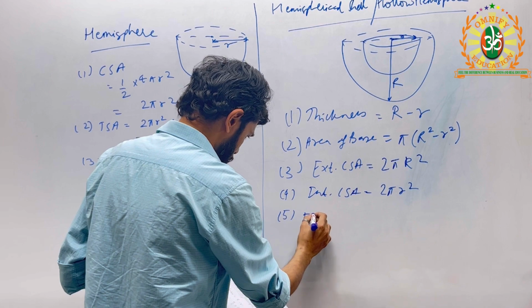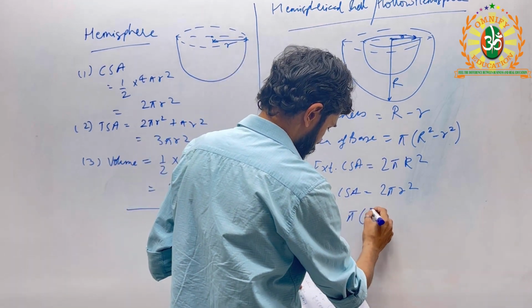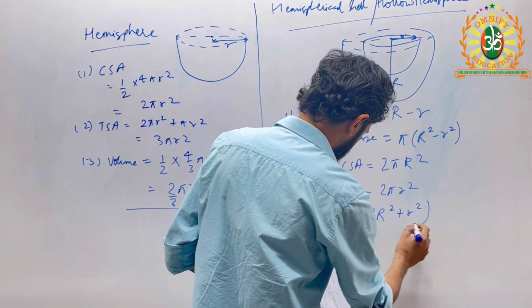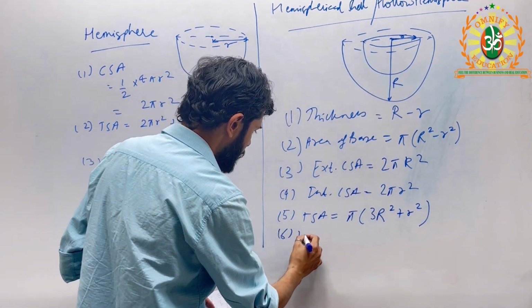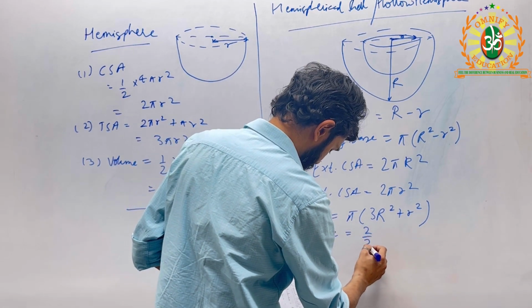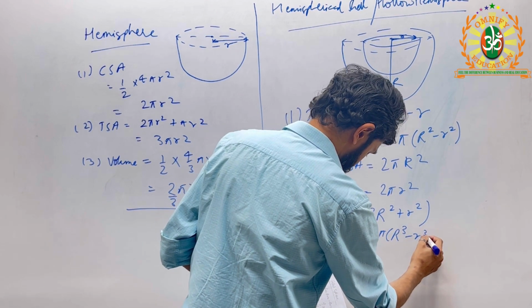The total surface area of the figure would be pi into 3 R square plus r square. And last, the volume. The volume would be 2 by 3 pi, R cube minus r cube.